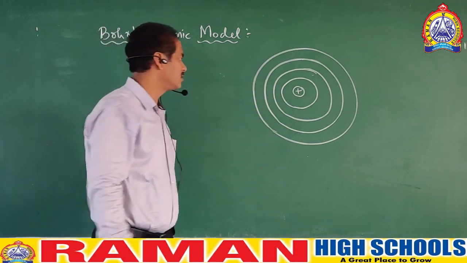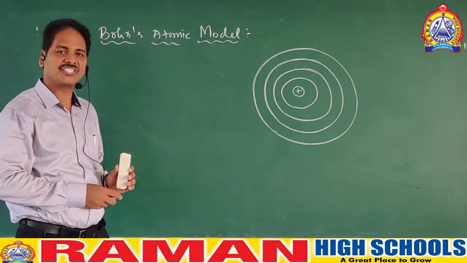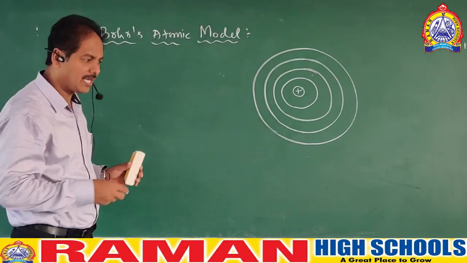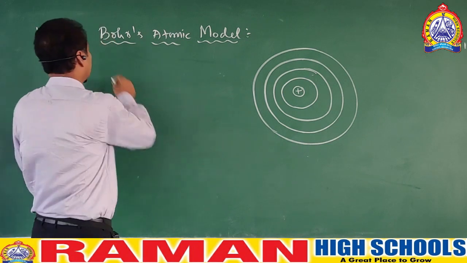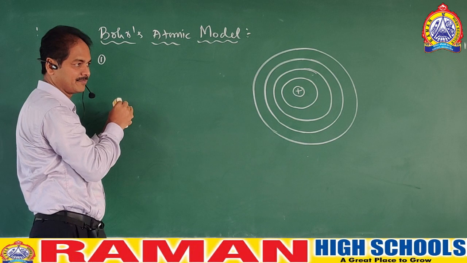These paths are called orbits or shells or energy levels. The orbits or shells are indicated by the letter N.